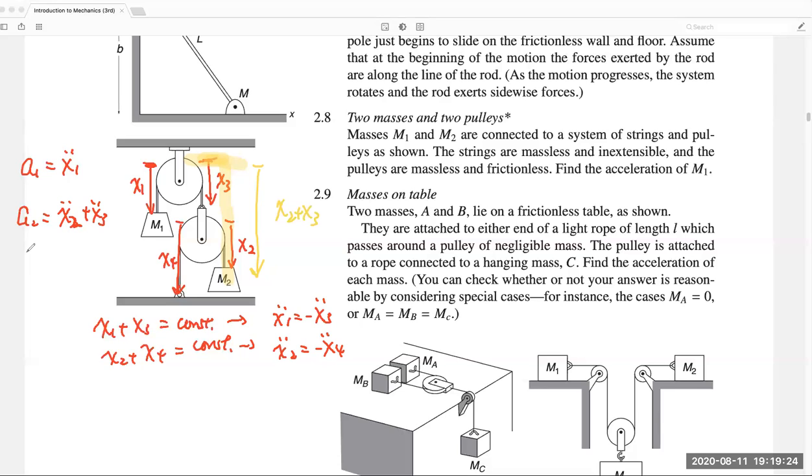So that means you can write A2 to be x2 dot dot minus x1 dot dot. Then right now you have just two variables in the acceleration, and then you have two equations. Right, but two equations are not enough to solve three variables. So there's another variable, that is the tension.